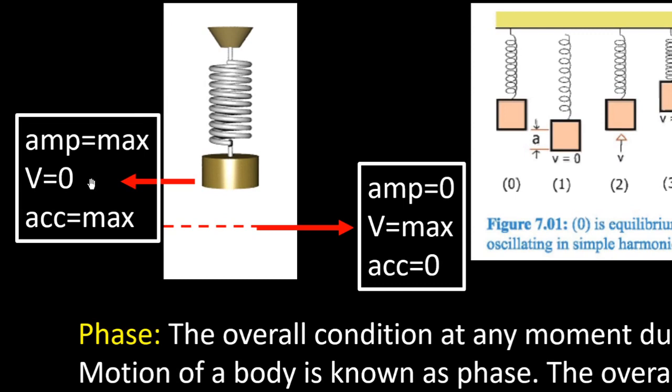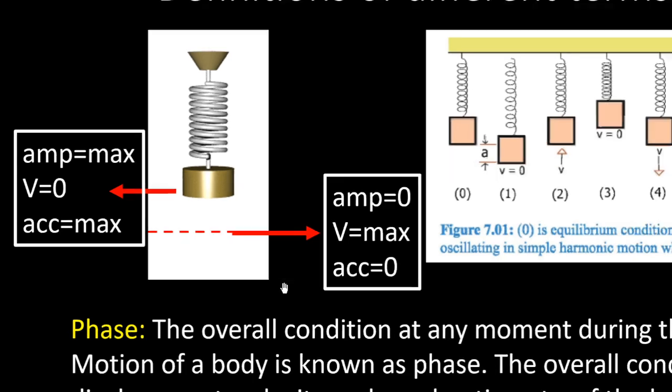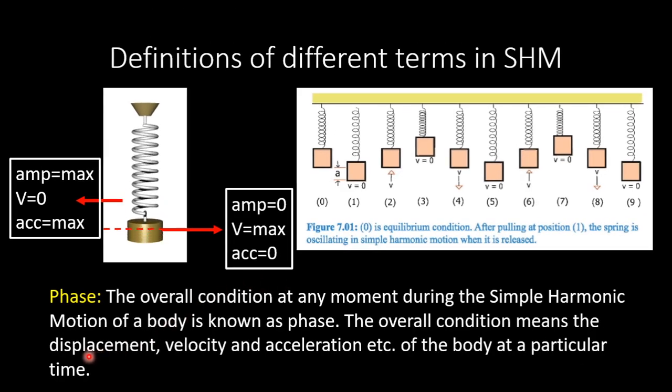As a result, it has the maximum restoring acceleration, but at the top position it has a velocity of 0 m/s. That is why at different particular moments the object has different values of displacement, velocity and acceleration. This overall condition is called the phase of the object at a particular moment or time.